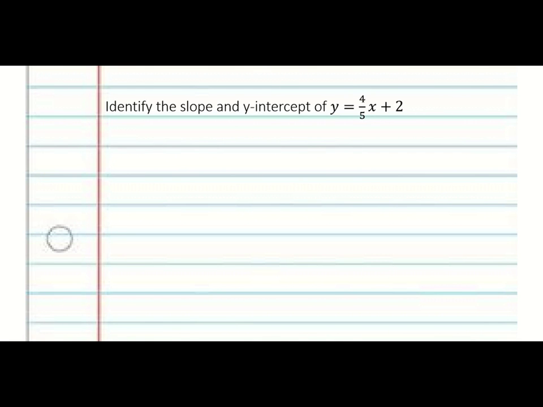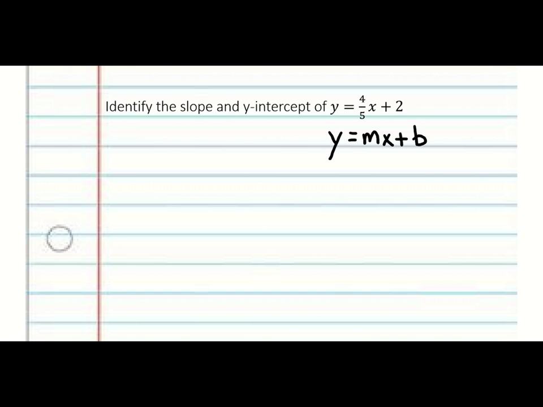So our first example says identify the slope and y-intercept of y equals 4/5 x plus 2. So what we want to keep in mind is right now we're talking about slope-intercept form. So all our equations are in this form, y equals mx plus b.